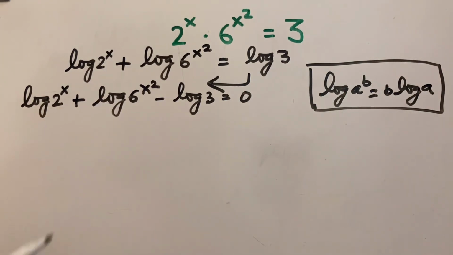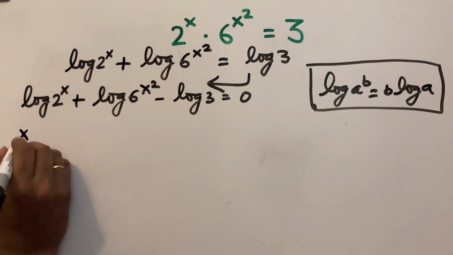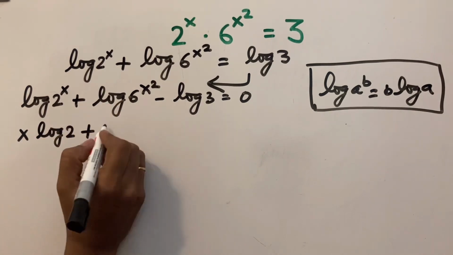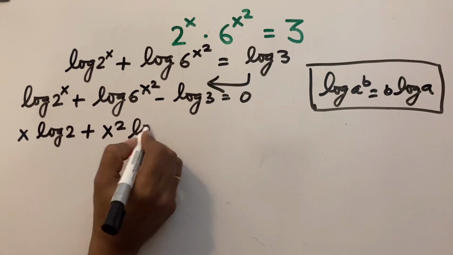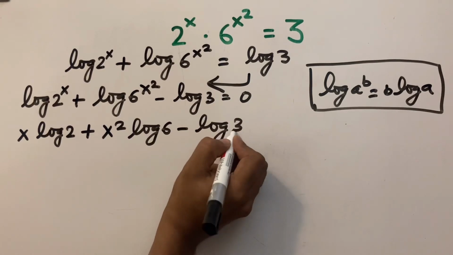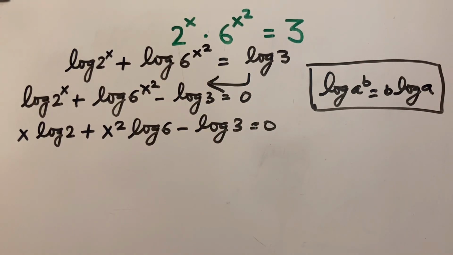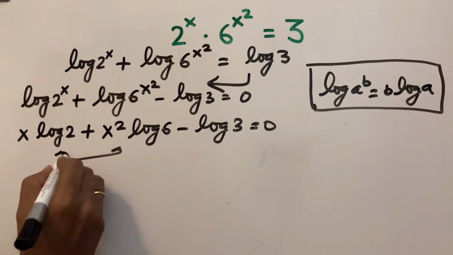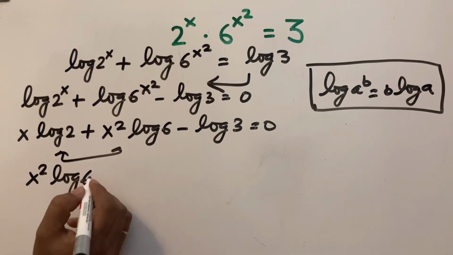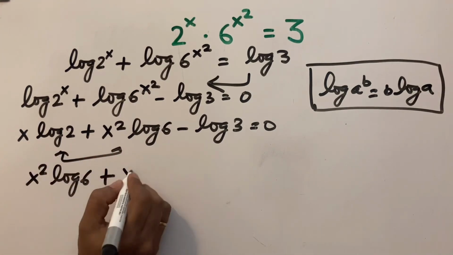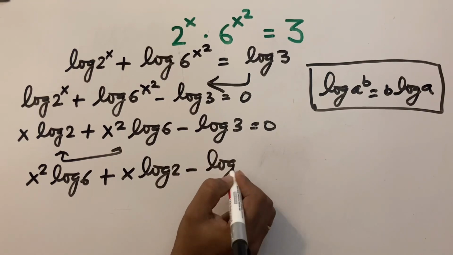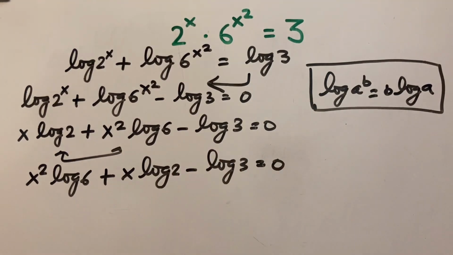So this equation can be simplified to x log 2 plus x square log 6 minus log 3 equals 0. Rearrange this: x square log 6 plus x log 2 minus log 3 equals 0.